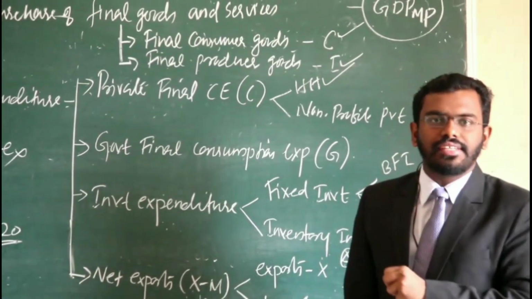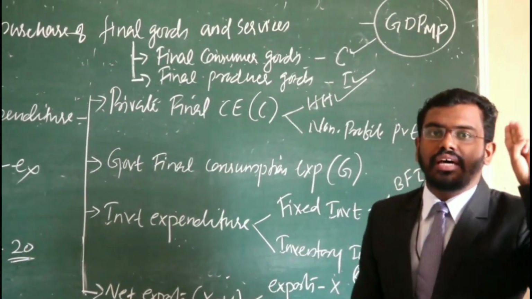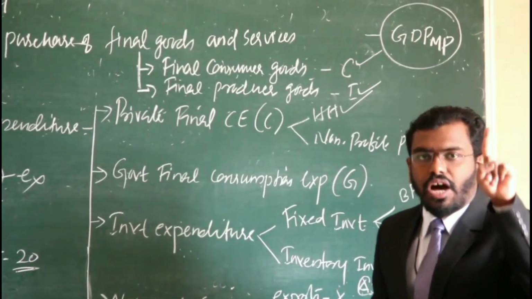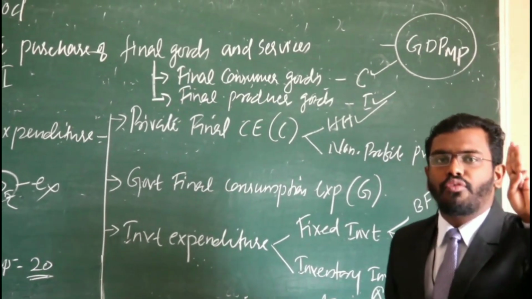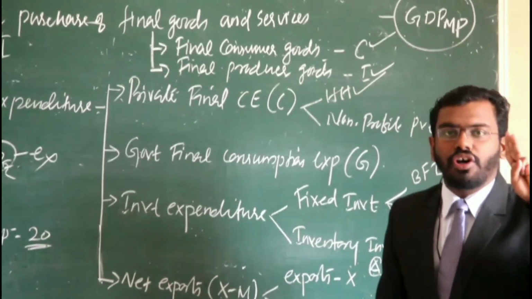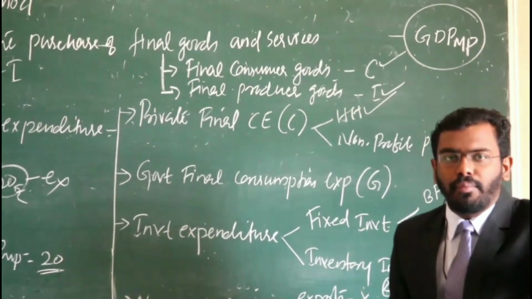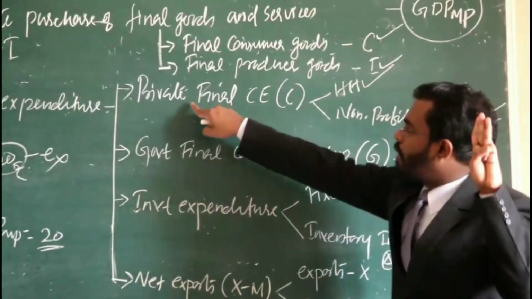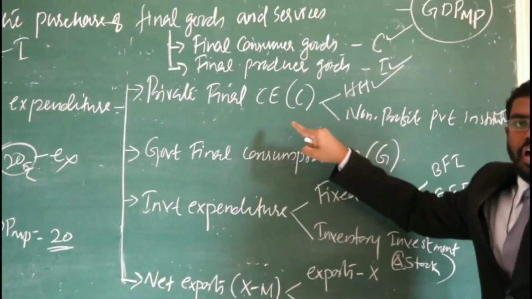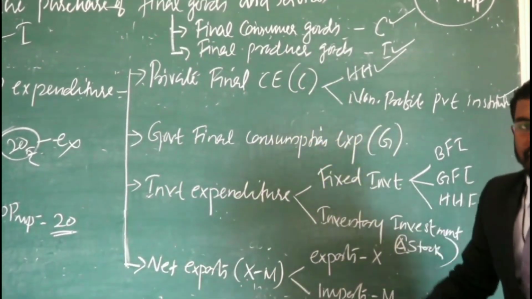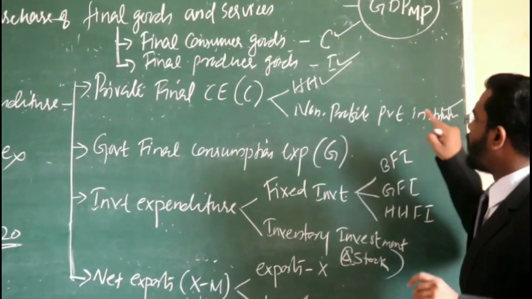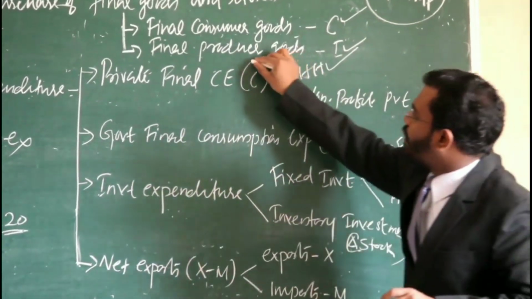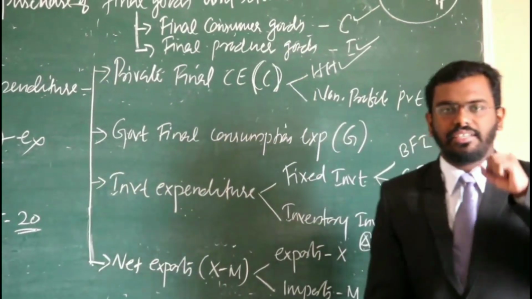That day we discussed that final consumers are of three categories: households, government, and non-profit private institutions. Here we will not consider government expenditure. So in private final consumption expenditure, we consider the consumption expenditure made by households and non-profit institutions. It is denoted by the letter C.